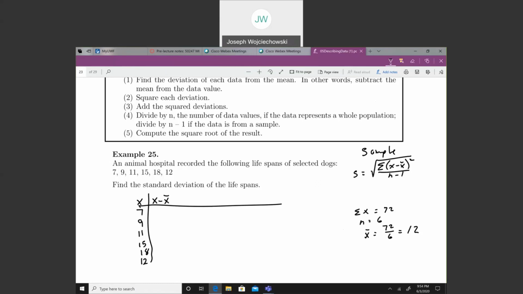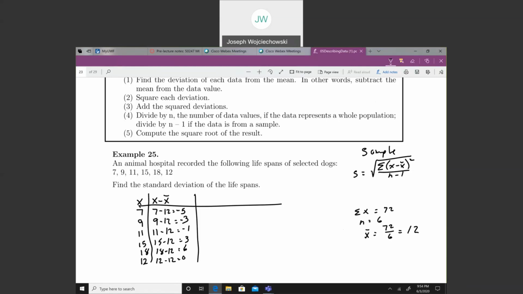This would be 7 minus 12, which is negative 5. 9 minus 12 is negative 3. 11 minus 12 is negative 1. 15 minus 12 is 3. 18 minus 12 is 6. 12 minus 12 is 0. As I said, this is the easiest way to keep track of everything.